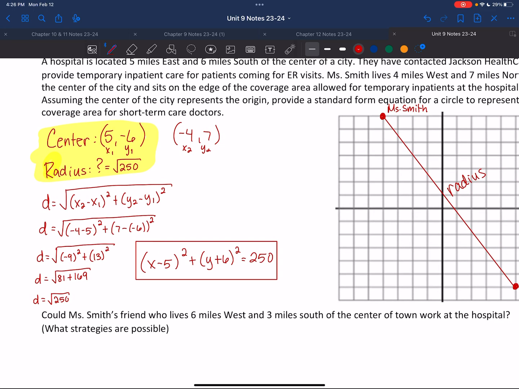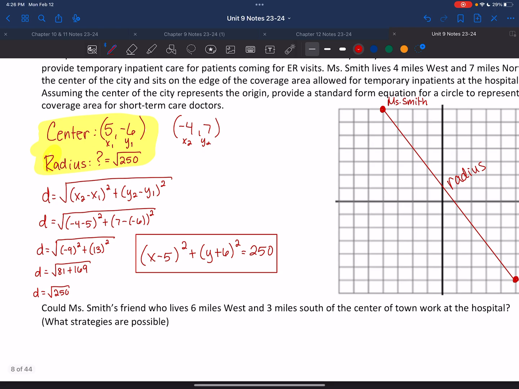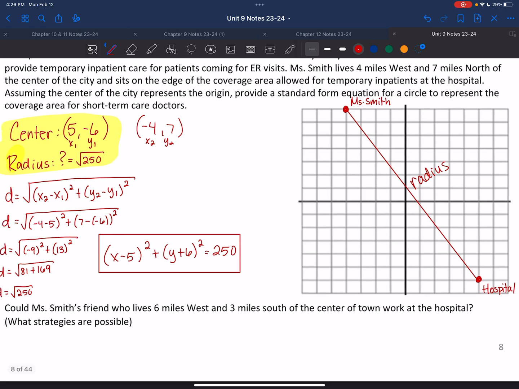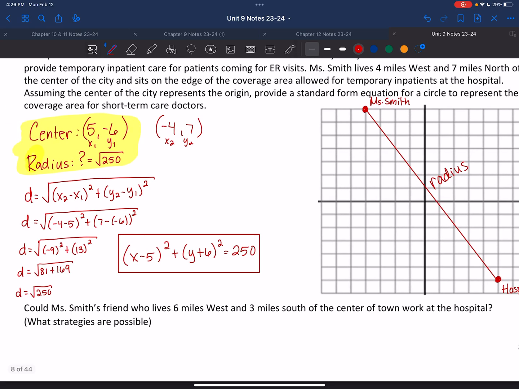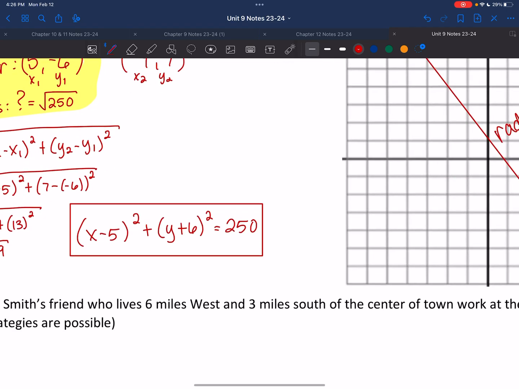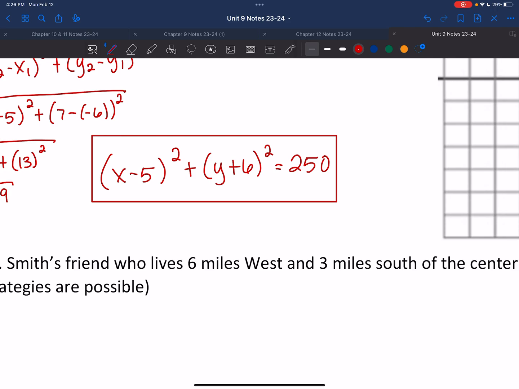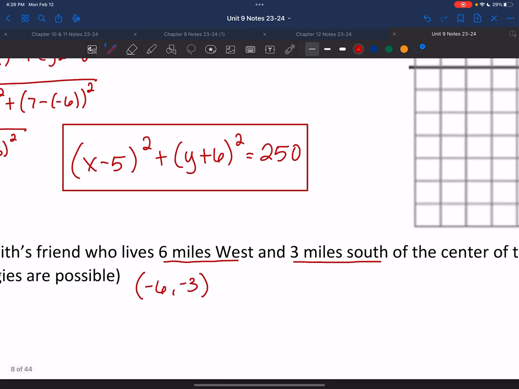And then the next question says, could Miss Smith's friend, who lives 6 miles west and 3 miles south of the center of town, work at the hospital? So I need to see if she is within the limits of this hospital's radius. It tells me that her friend lives 6 miles west and 3 miles south, so her friend is basically living at (-6, -3). Okay?